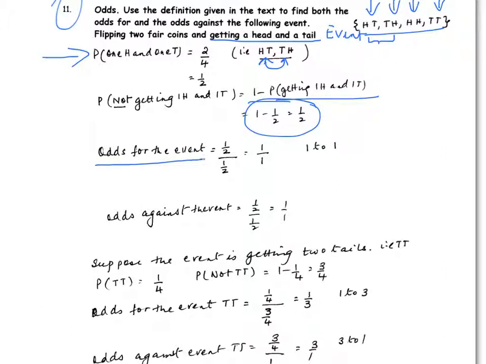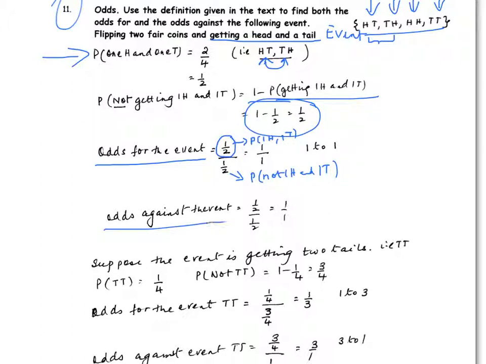So now we calculate the odds for the event of getting one head, one tail. The probability of getting one head, one tail, the favorable event, divided by the probability of the opposite, not getting one head and one tail. Using the formula for odds for the event, it's half over half, which is equal to 1 over 1.